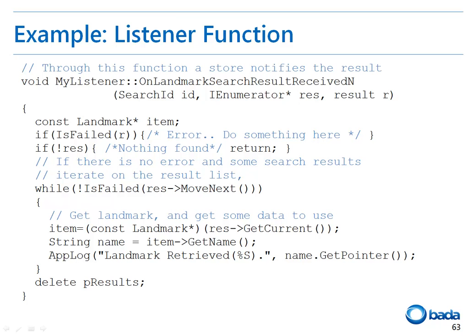If the enumerator is null, nothing has been found, and the appropriate operations are performed. And finally, if the search has been performed successfully and the landmark has been found, the landmark pointers are retrieved in sequence, and the corresponding landmark name is printed.